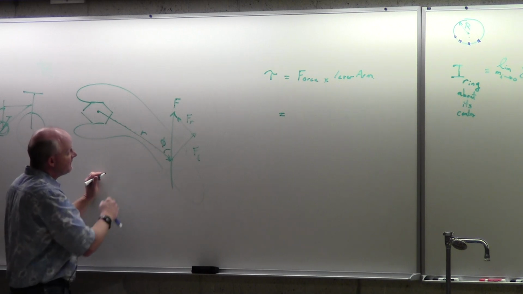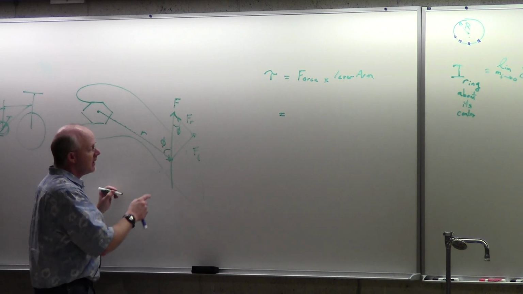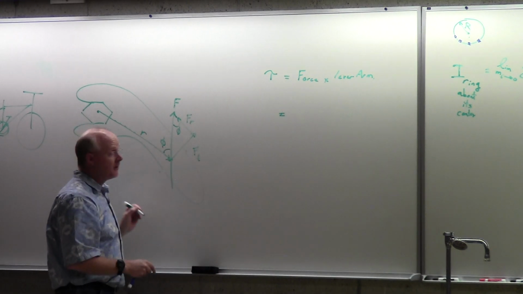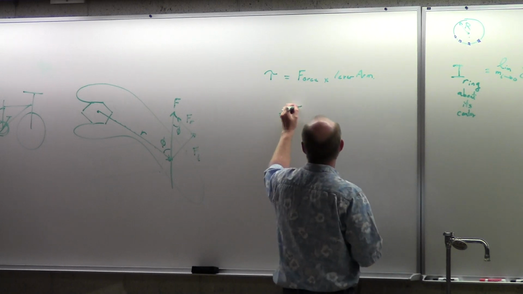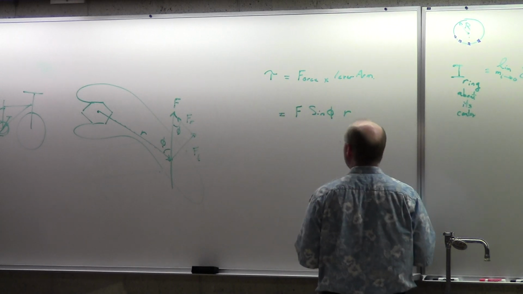So if this is phi, the part of the force we want is the sine of phi. So this becomes F sine phi R.